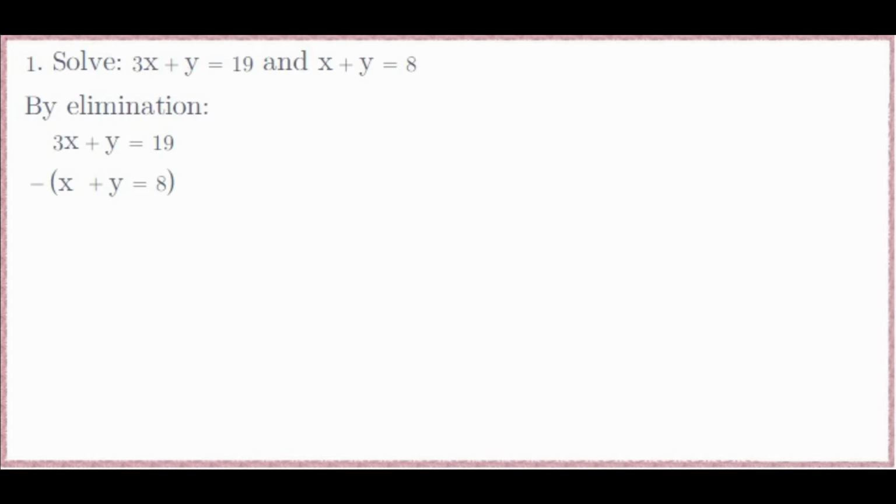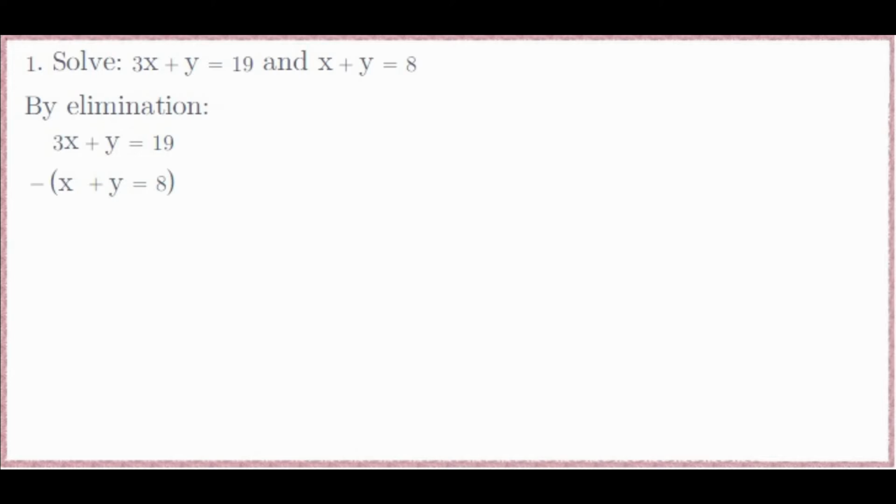Let's try this using elimination instead. Line up the two equations so that you have the 3x over your x, plus y over your y, equals 19 lined up with the 8.